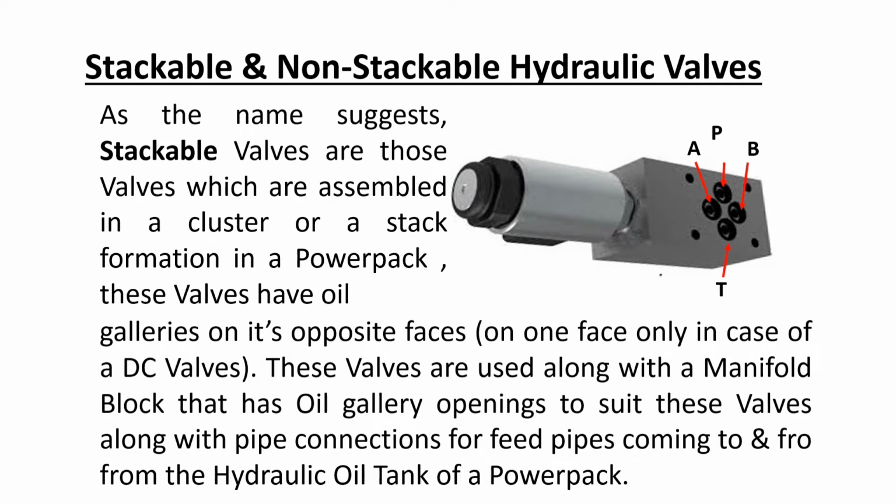That's why in a stack in a hydraulic power pack, direction control valves are placed at the topmost level. In between there are other valves like pressure control valves, pressure relief valves, flow control valves. Now these valves are used along with manifold blocks that have oil gallery openings to suit these valves' openings, along with pipe connections for feed pipes coming to and fro from the hydraulic oil tank of a power pack.